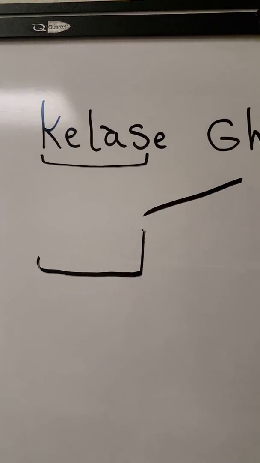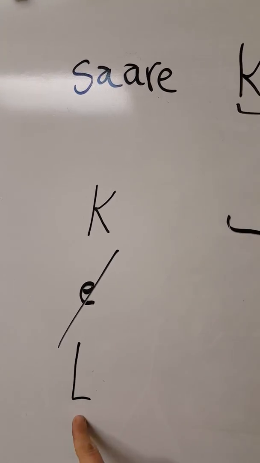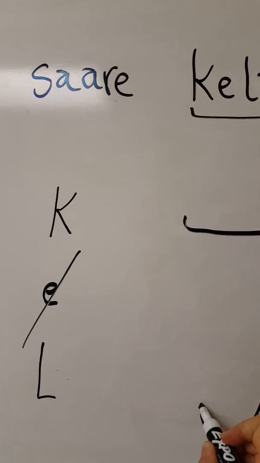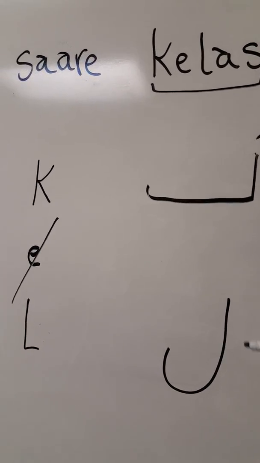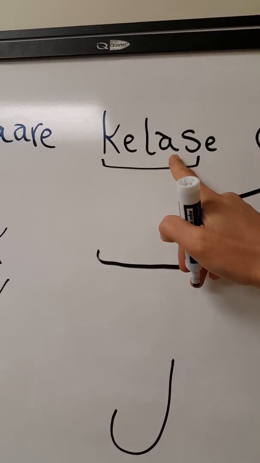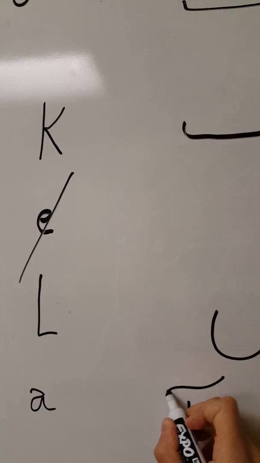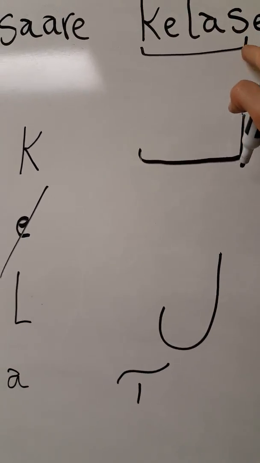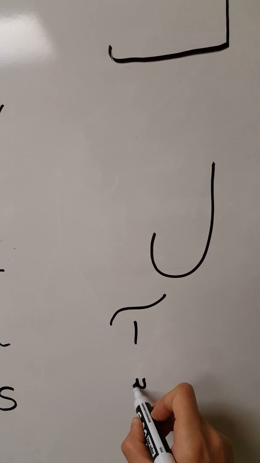They're not going to write that for you. And letter L is written like this, like a hook, somewhat. Letter A, kelas, is written like this, and S, as I said, is like this.